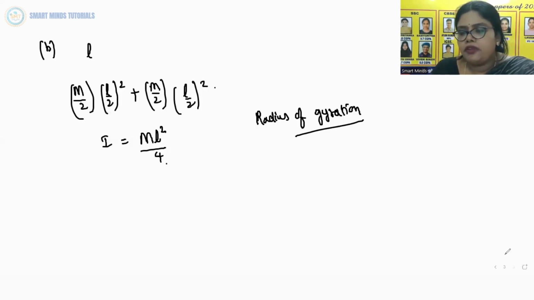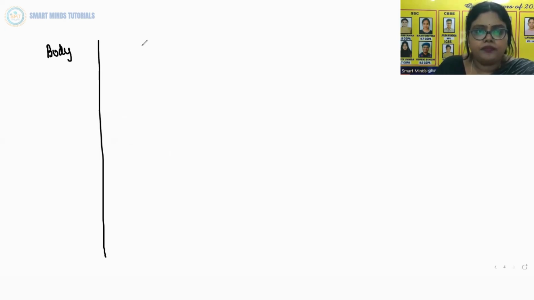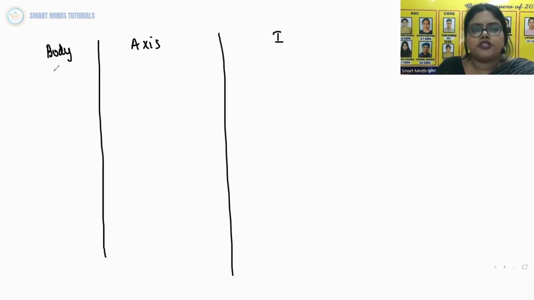So let me give you the moment of inertia of some regular shaped bodies. Let us make a table: body, axis, and the moment of inertia.